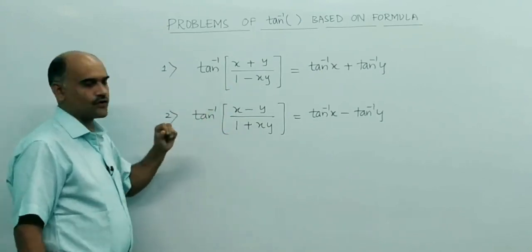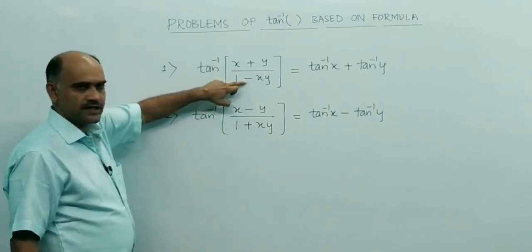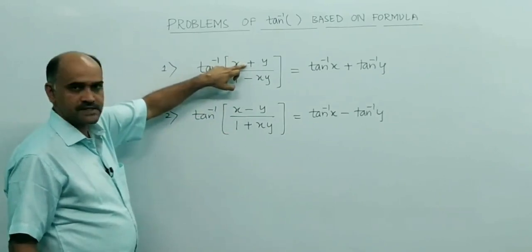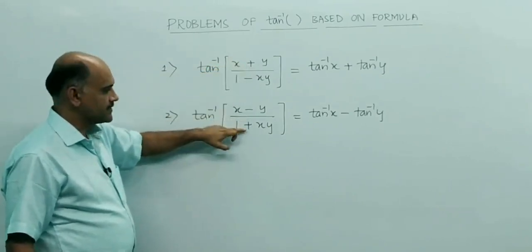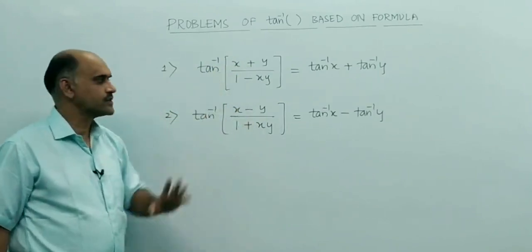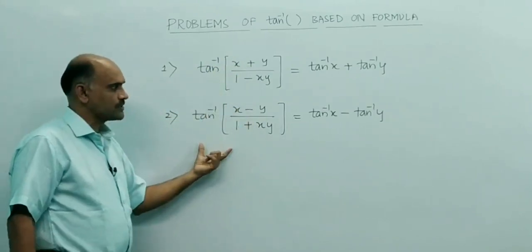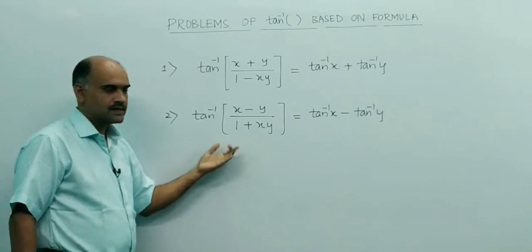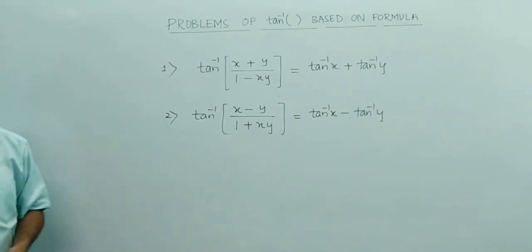Second thing, in these formulas you observe, if there is minus in the denominator, there is plus in the numerator, and similarly if there is plus, minus. These are two hints which we will be using. So you can note down these two formulas, then we will see the problems.